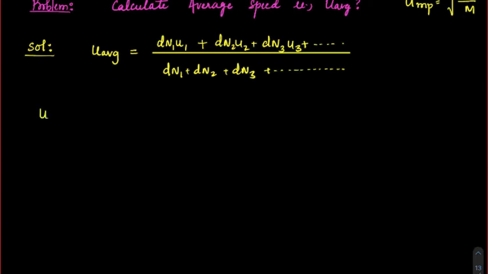So on doing that, we'll get u average is equal to summation of i equal to 1 to p, where p is the number of clusters we have, dn_i into u_i, divided by summation of dn_i.